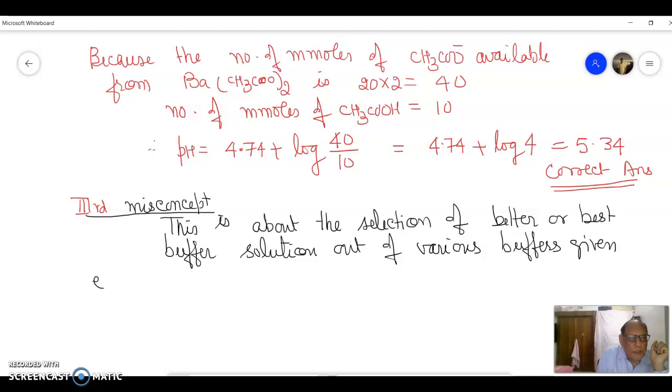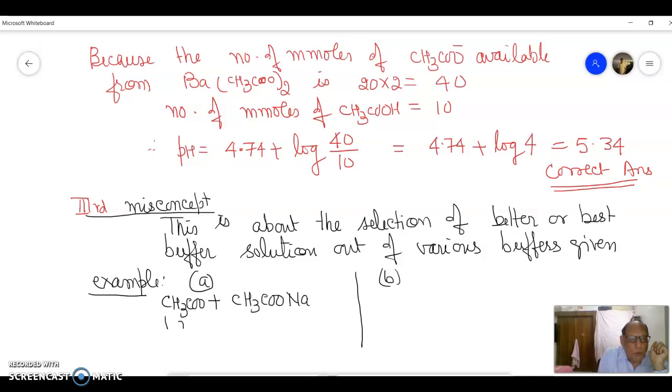Let us consider an example or a question. Suppose we have two buffer solutions, A and B. Buffer A is prepared by taking acetic acid and sodium acetate, 1 mole of acetic acid and 1 mole of sodium acetate.